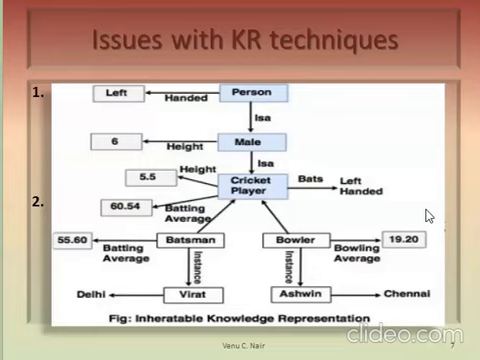When we are considering one object or entity, we may have to consider more than one property or attributes associated with that object. So we have to make out which all things are important for the entity. That is an issue with knowledge representation.